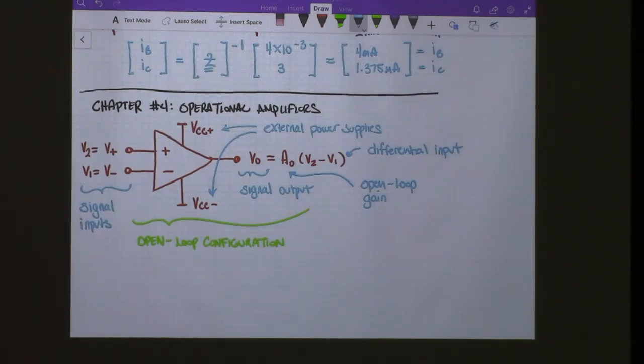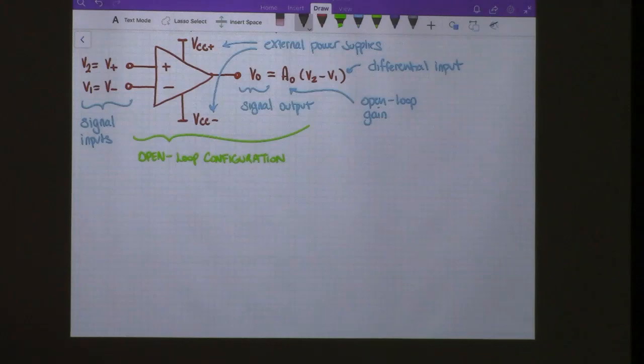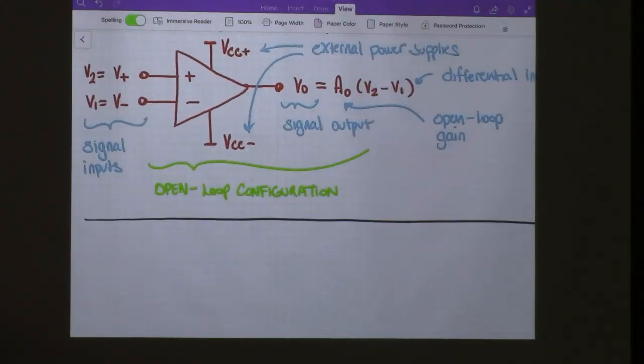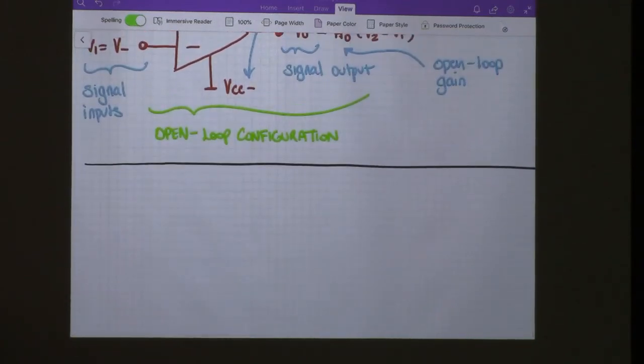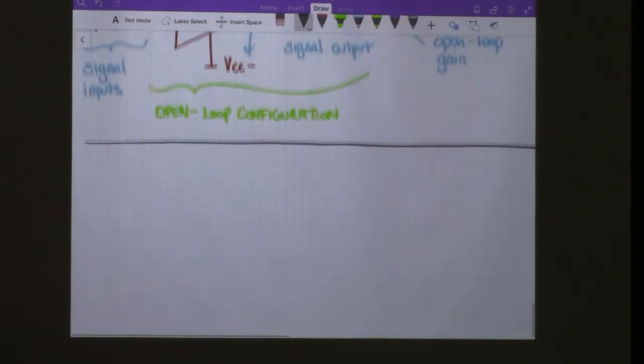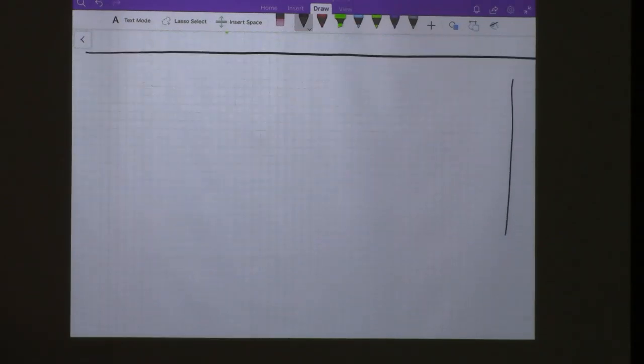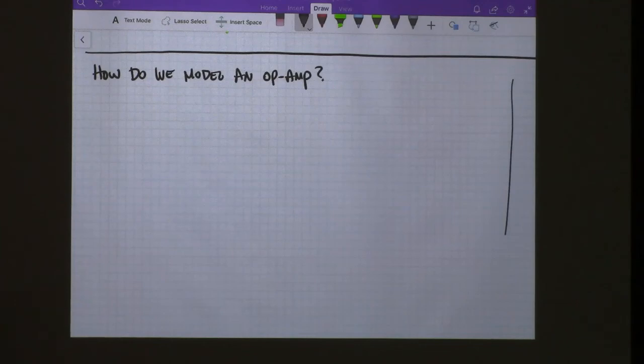Okay, next question. We're going to call these op amps, the shortened version of operational amplifier.